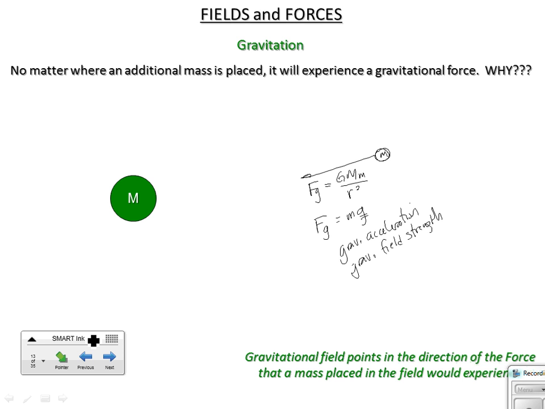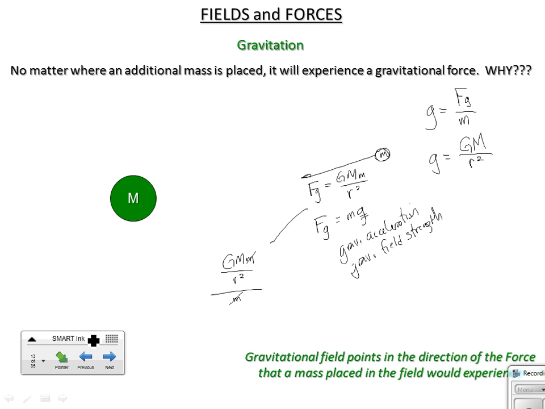So one way to get gravitational field strength is Fg over little m. The other way is that little g is big G, big M over r squared. If we take Fg, G big M little m over r squared, divided by little m, the little m goes away.